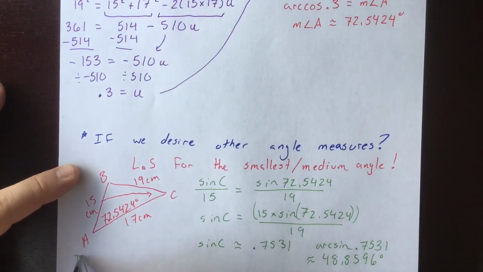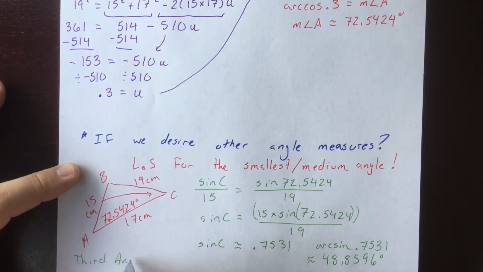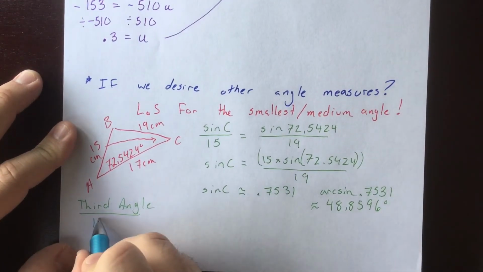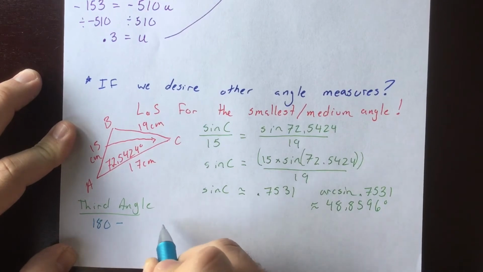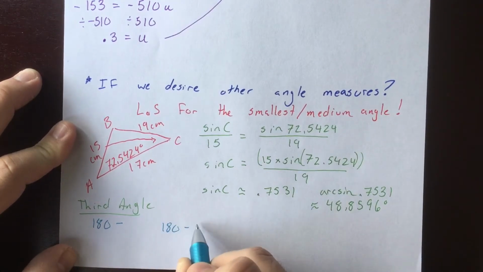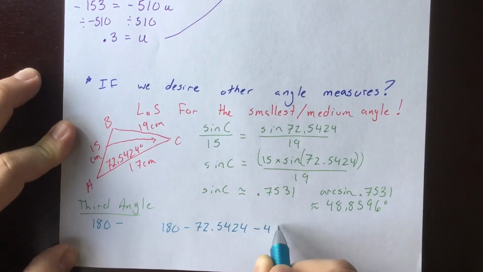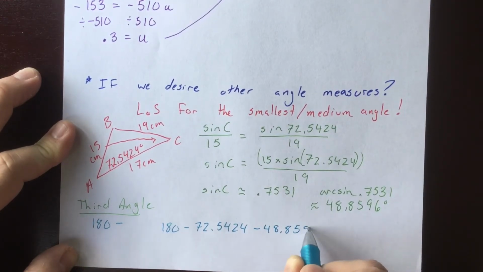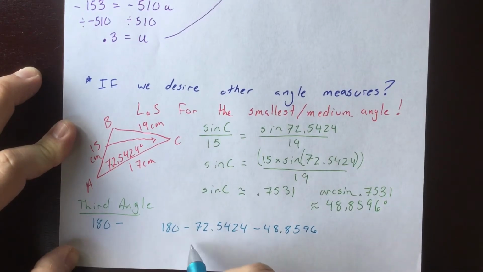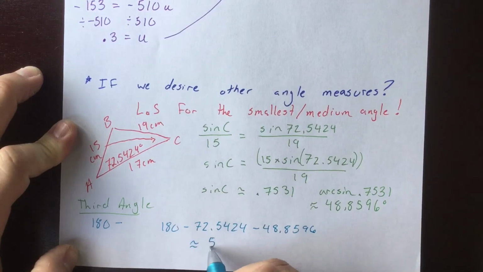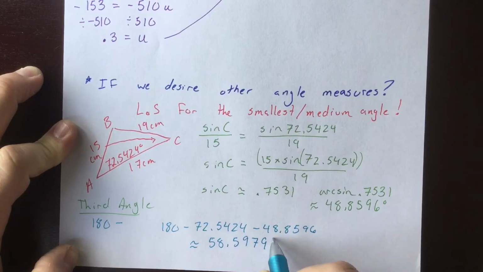And now our third angle measure. To find our last angle measure, we take away from 180. So we have 180, we take away the 72.5424, we take away the 48.8596, and we get approximately 58.5979 degrees.